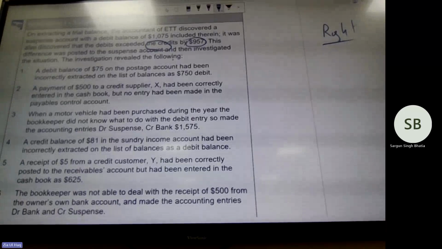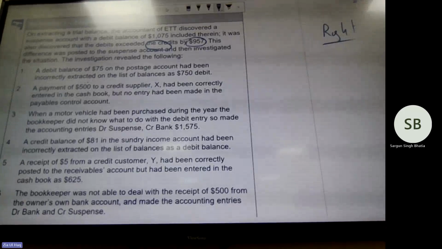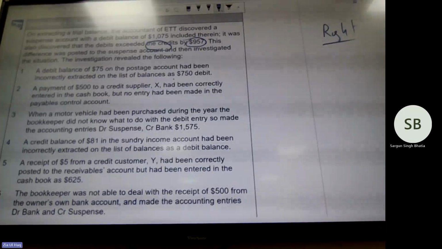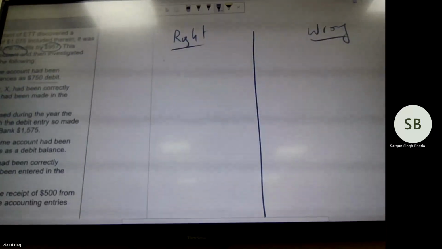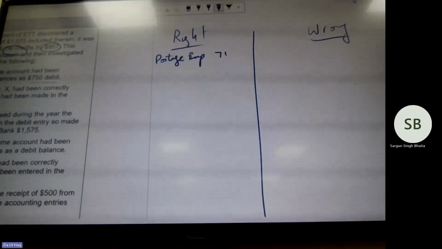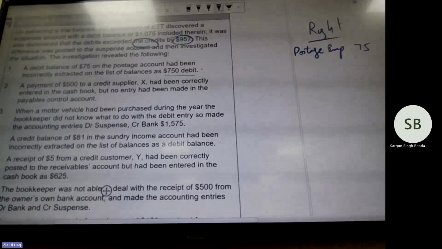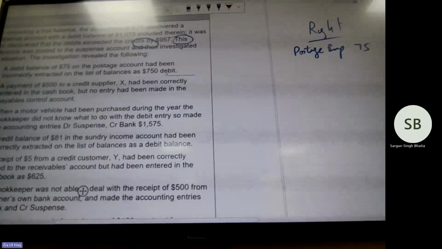Number one, a debit balance of 75 on postage account had been incorrectly extracted on the list of balances as 750 debit. There was a postage expense of 75, and they have recorded 750 instead of 75.